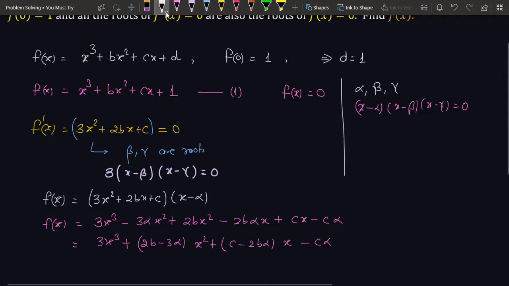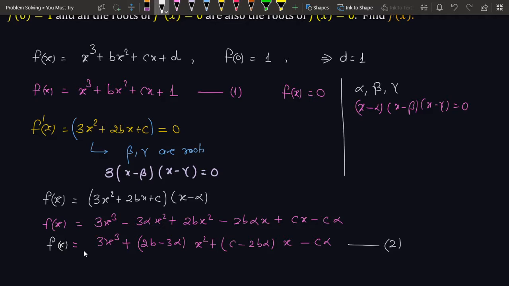Now comes the important part. This is the first function, and this is the second function. But notice that these two functions are actually indicating the same entity. In fact, they are representing the same curve.